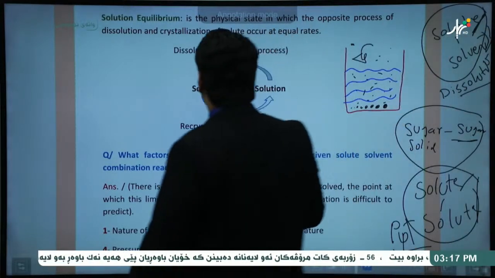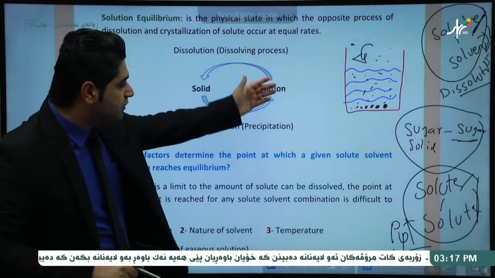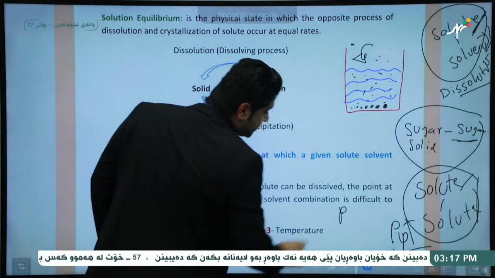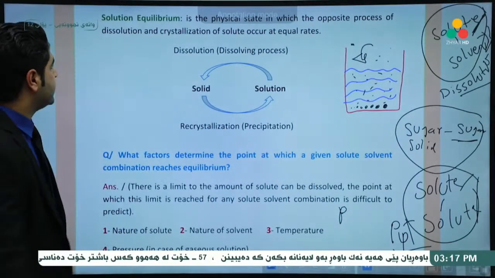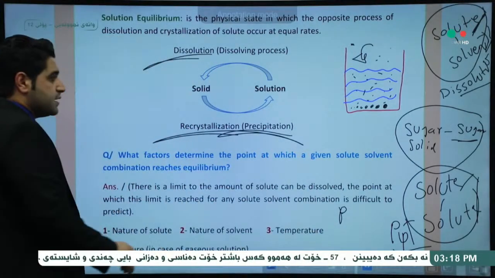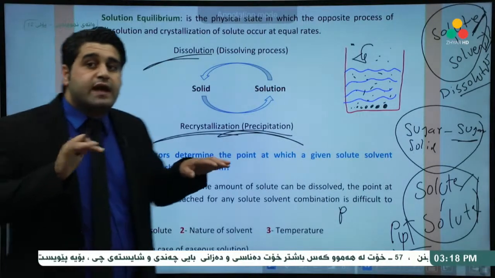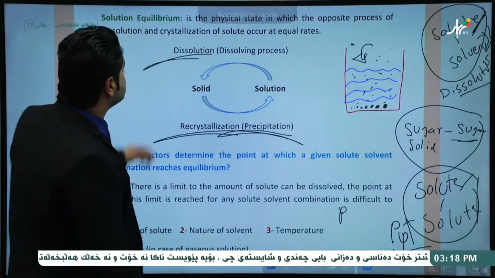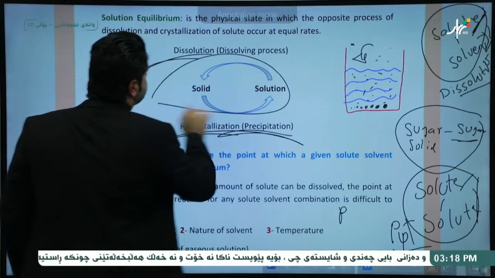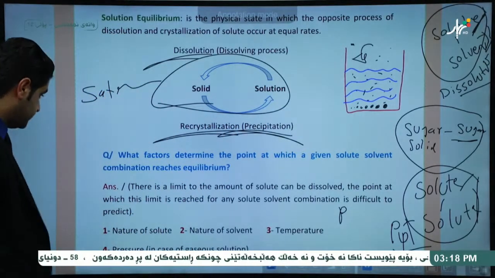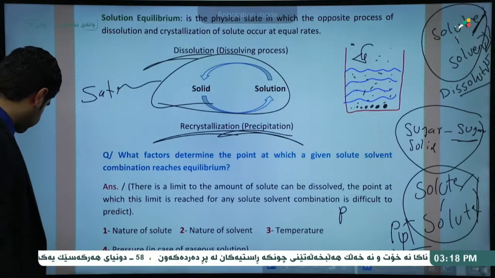So now the equilibrium will be between dissolution and precipitation, okay? Precipitation is also called recrystallization here. When we have an equal rate between crystallization and dissolution, it will be a solution equilibrium. In that case, we say that it's a saturated solution.